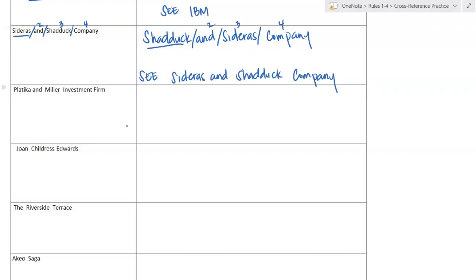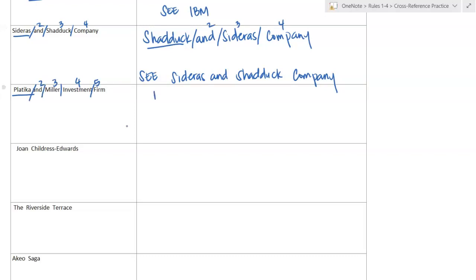Next we have Platika and Miller Investment Firm. So there are two last names here. My original filing segment would include Platika as my key unit and as Unit 2, Miller Unit 3, Investment as Unit 4, and Firm as Unit 5.